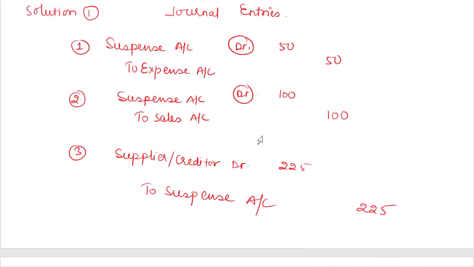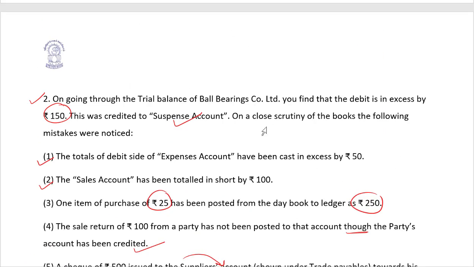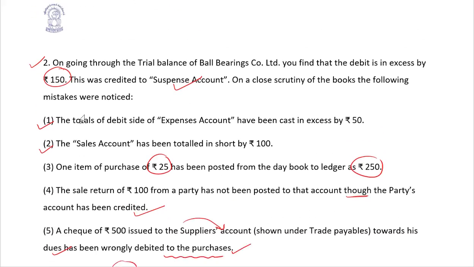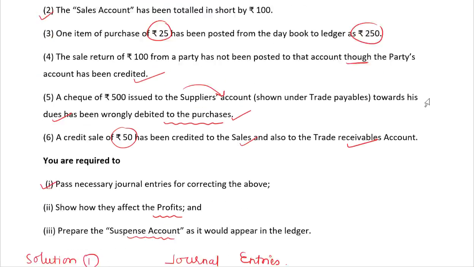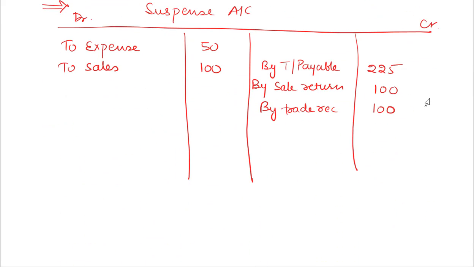Let's see what was the difference in the trial balance at the beginning of the question. It was 150 in excess, that is credit. Okay, so over here 150, by difference in trial balance. Make a total of it. 225, 325, 425, 525, 575.